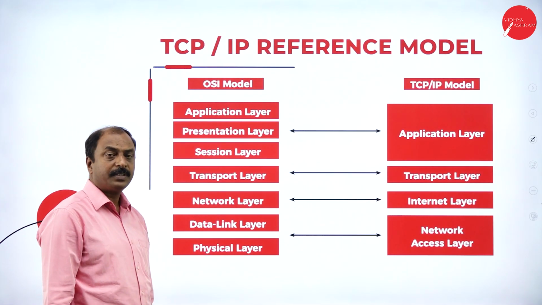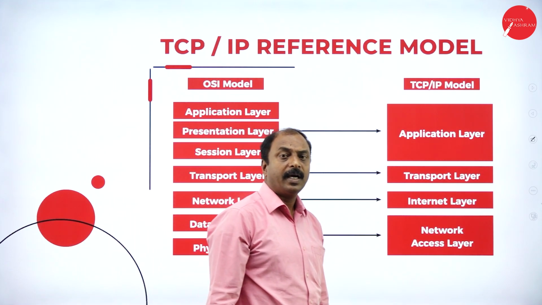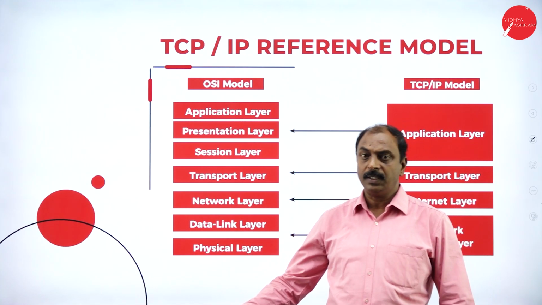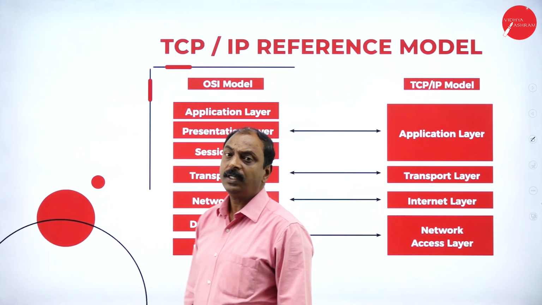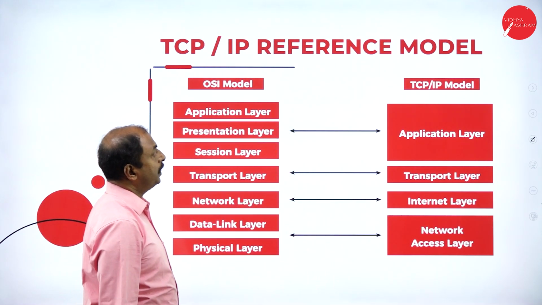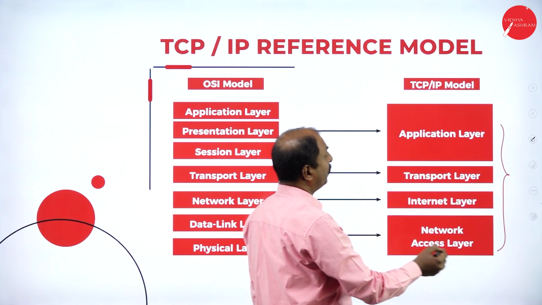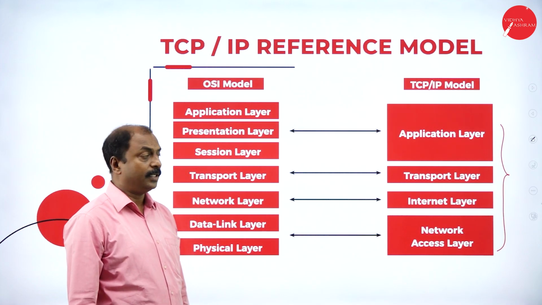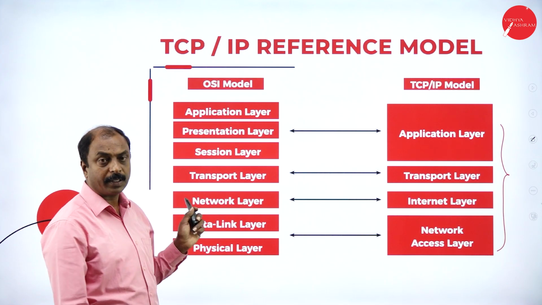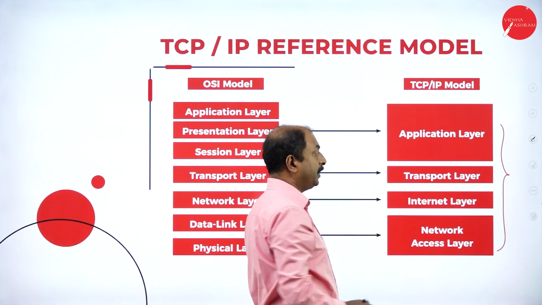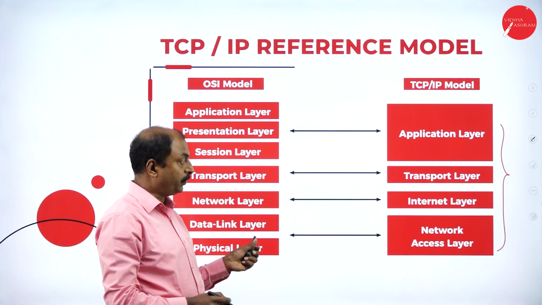Now in the next slide, we will see the TCP/IP reference model. This is another reference model. As we discussed the OSI reference model, TCP/IP is one of the reference models for data communication over a computer network. This TCP/IP model has 4 layers. You can compare these two reference models. The TCP/IP model was the old model, and after that the OSI reference model was introduced.